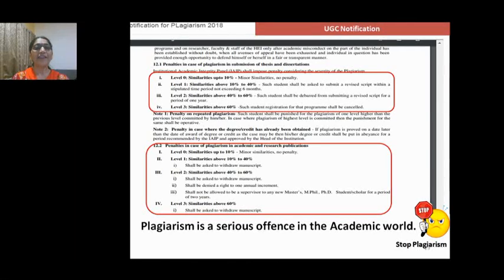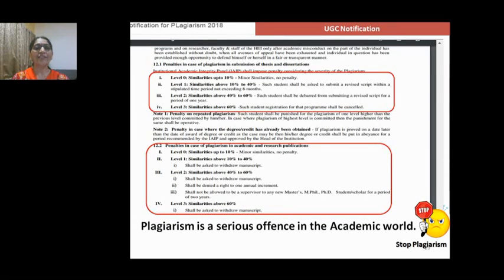And the penalties in case of plagiarism in academic and research publication, you can see level 0, similarities up to 10%, there are minor similarities, there is no penalty. Then about 10% to 40% shall be asked to withdraw the manuscript, and similarities above 40% to 60% shall be asked to withdraw the manuscript, denied an increment, and shall not be allowed to be a supervisor to any PG degree or MPhil or PhD.